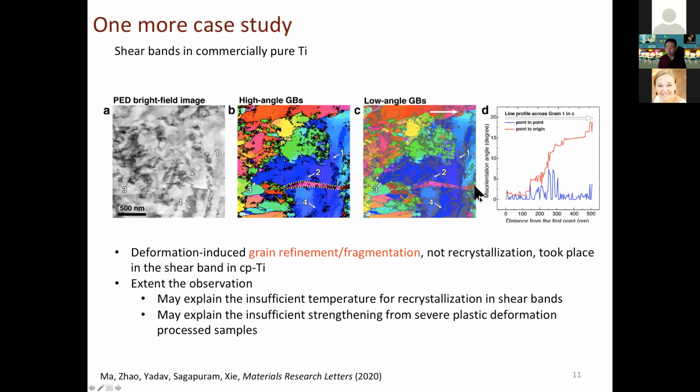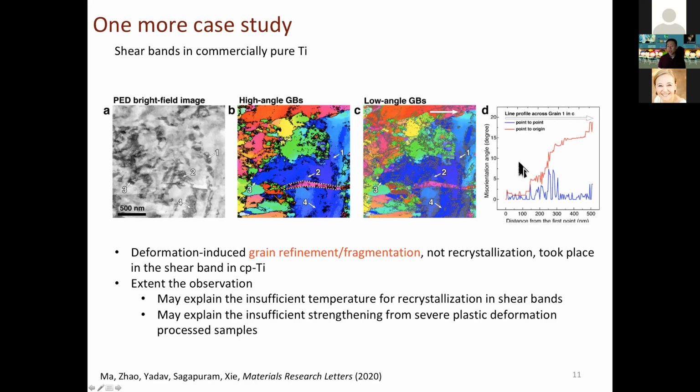He looked at two types of misorientation, point to point and point to origin. Point to point is looking at 2 to 1, 3 to 2, 4 to 3, 5 to 4, and it's indicated by the blue curve. In most of the cases, for point to point misorientation, it ranges from 0 degrees to 7 degrees. The second thing he looked at was the point to origin misorientation.